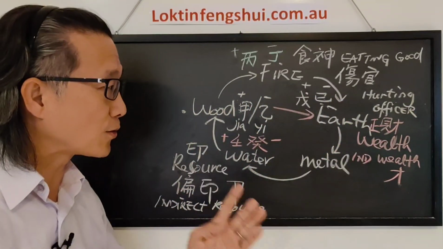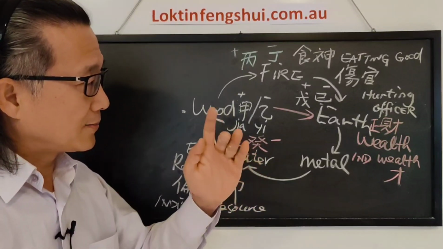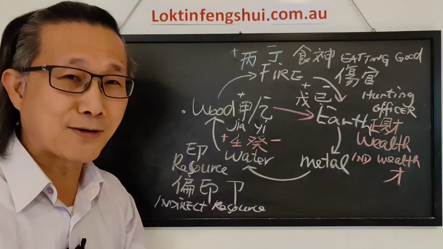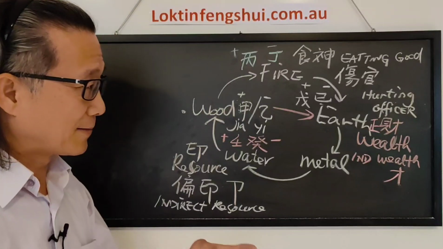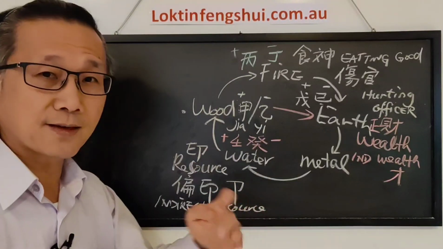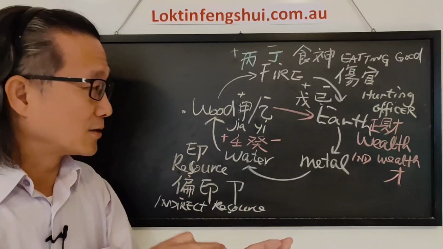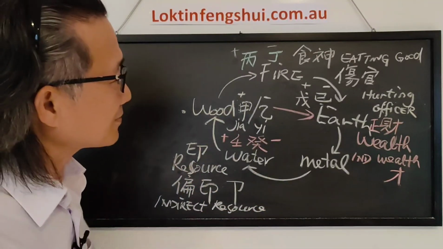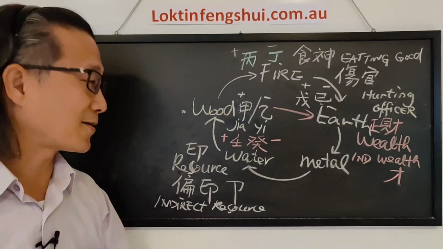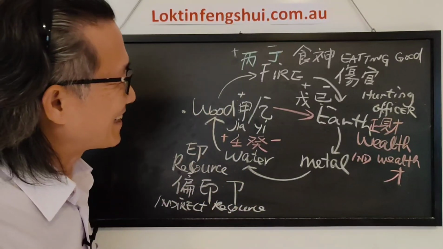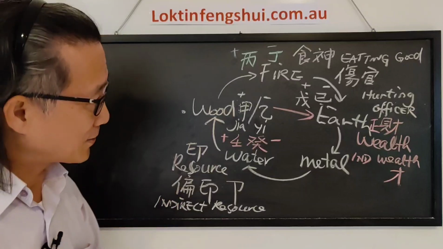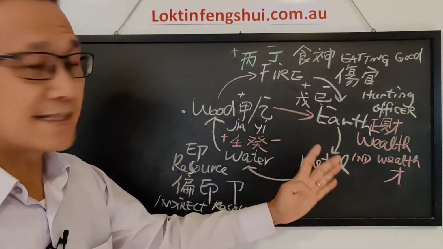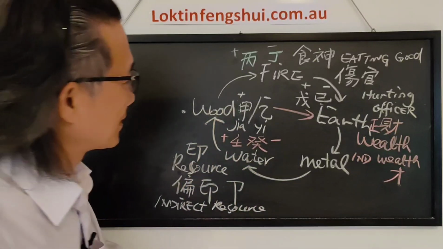However, you do need to look at whether this wealth is a good wealth or not a good wealth, because everything has yin and yang again, so you can look at it as positive or negative. We will talk about this at a later stage, don't worry. So we will look at this case first.